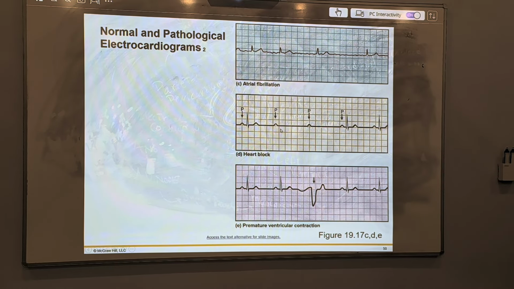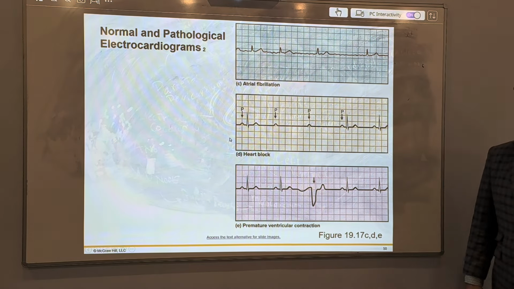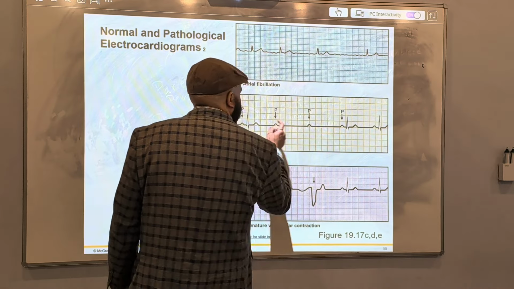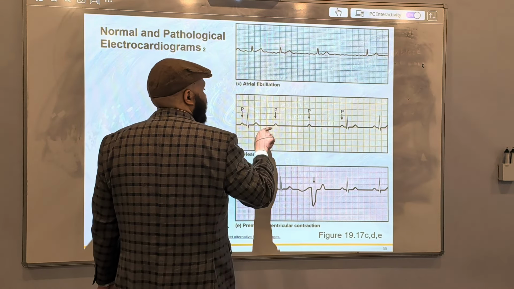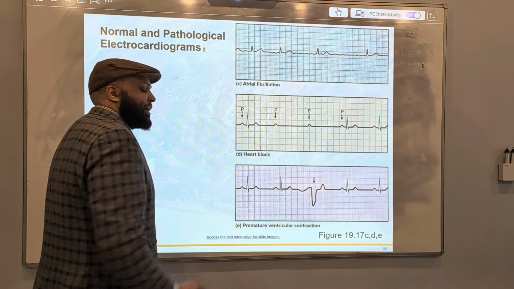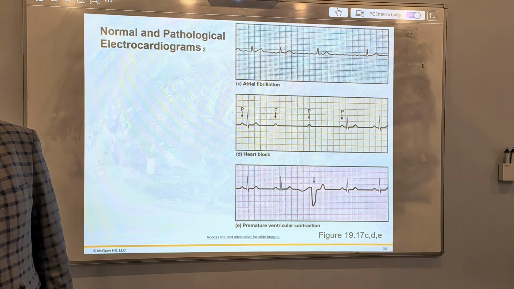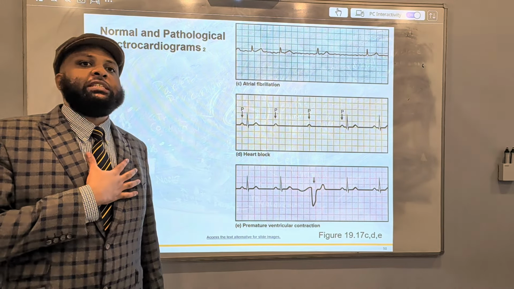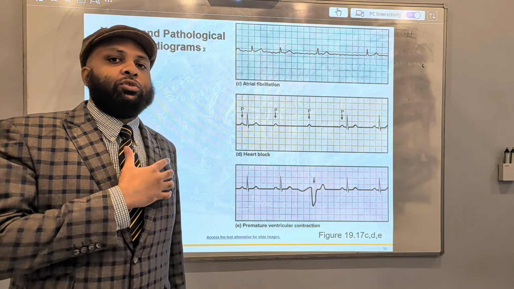Heart block, you will see about 3 to 4 P waves between each QRS complex. Whenever you see multiple P waves between QRS complexes, that person has a heart block, which is a condition meaning the heart is blocked and unable to contract.